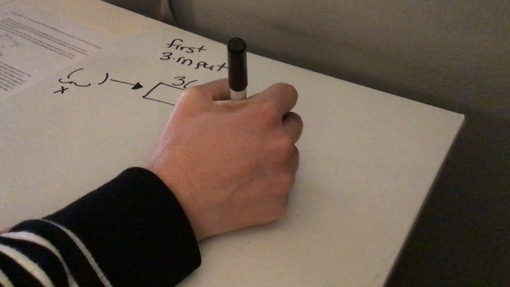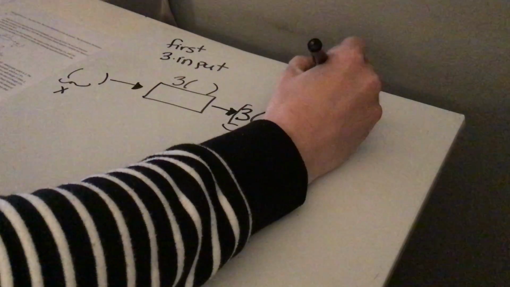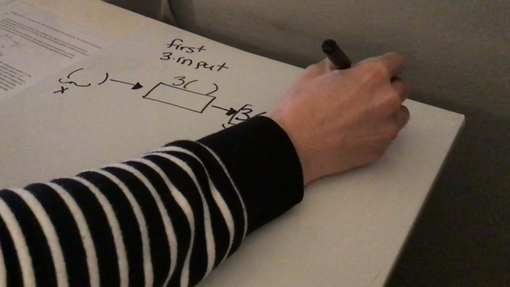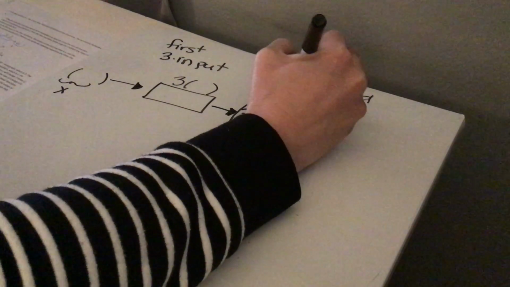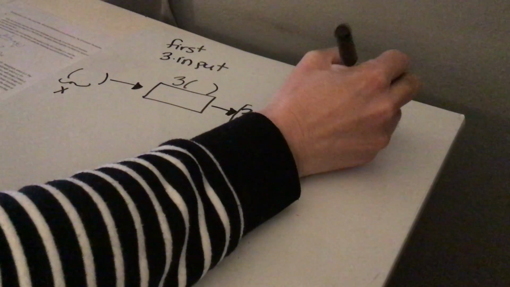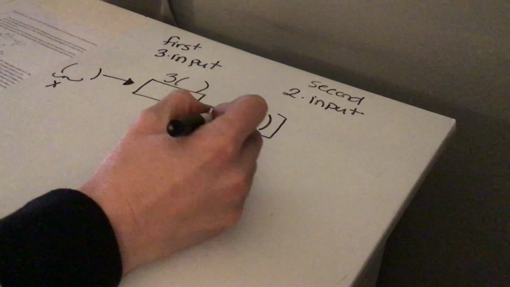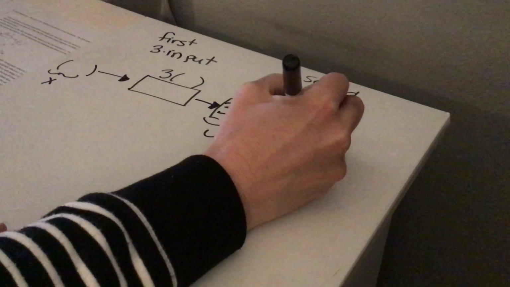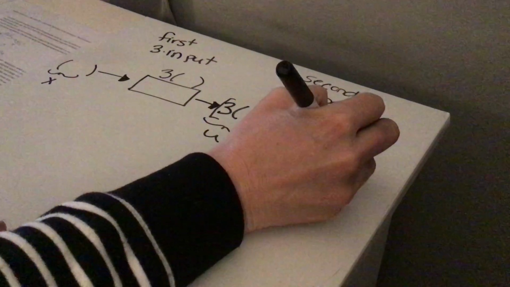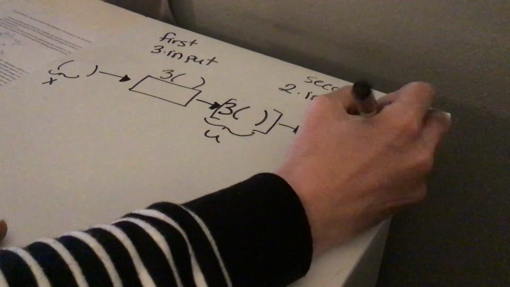Then the second function machine takes its input and multiplies it by 2. So if the first one multiplies by 3, I get an output value. Then I put that output value into the second function machine, and I multiply it by 2.